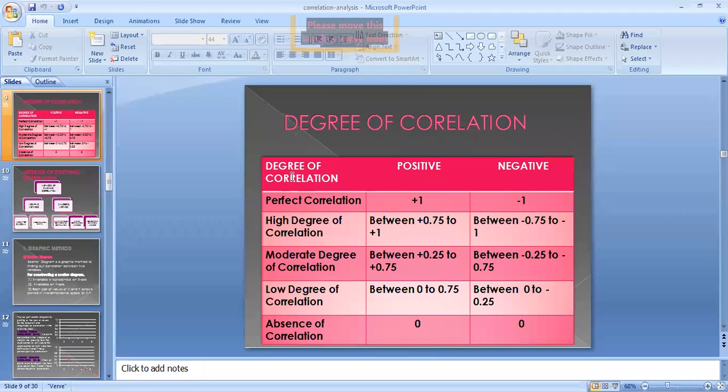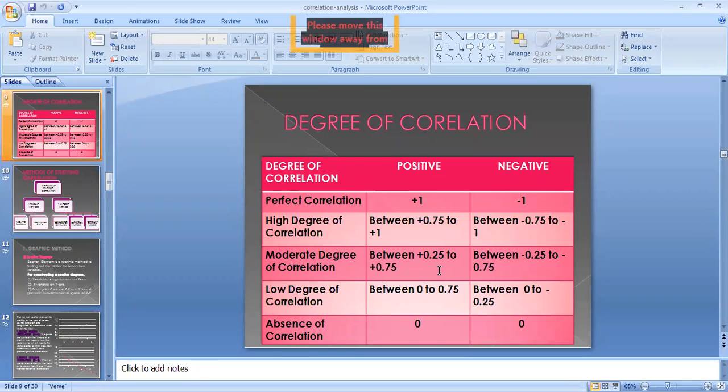Now, for perfect correlation the value is plus 1, for high degree of correlation it is between 0.75 and plus 1, for moderate degree it is between plus 0.25 and plus 0.75, for low degree of correlation it is between 0 and 0.25, and for absence of correlation it is 0. Negative values will be like this for high degree, using the negative sign.